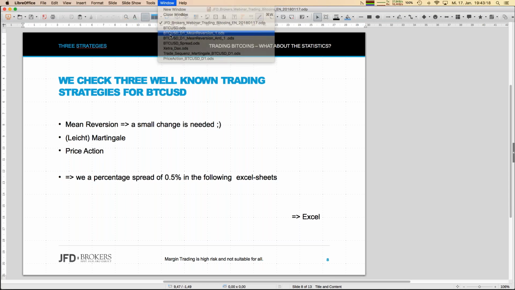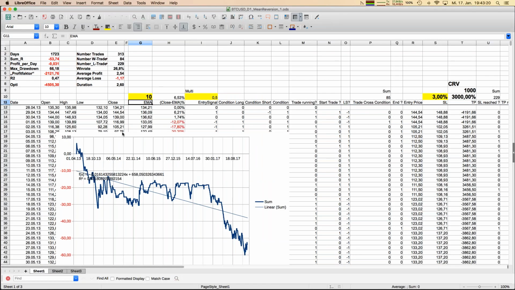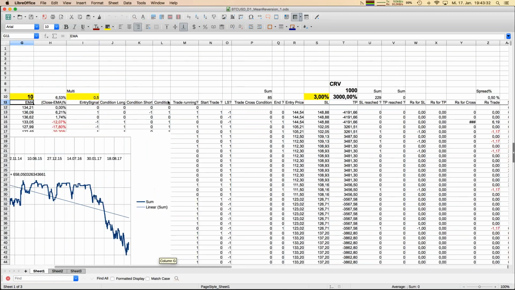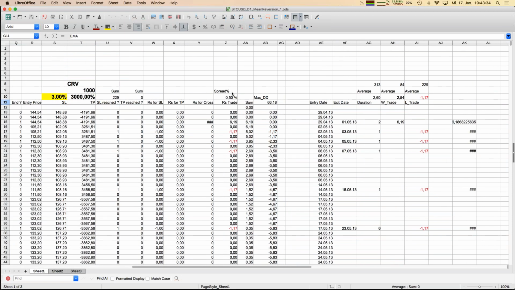And let's start with Bitcoin USD for mean reversion. I don't go into the details right now, but what's new for those who have seen the same Excel sheets earlier is that the spread is now calculated in percent.